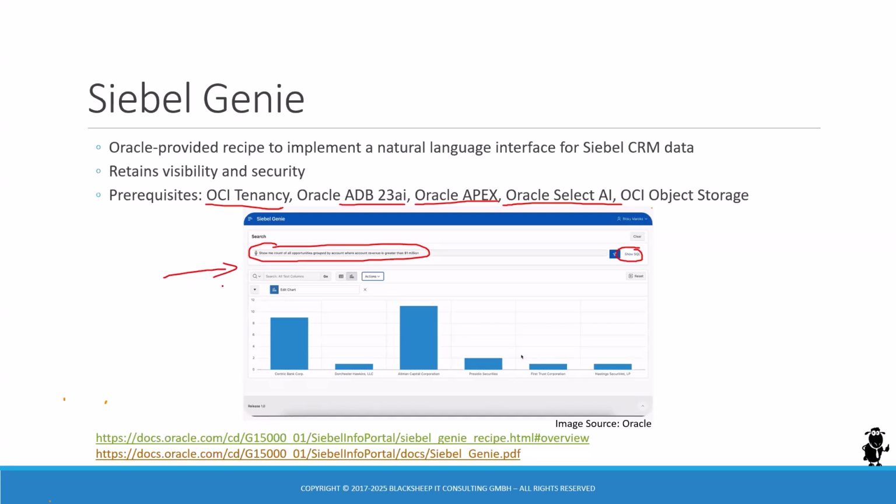And that's the big no-no that you don't want to have in such a product. So the recipe focuses a lot on implementing the security layer by basically translating the metadata into LLM-understandable information so that it only retrieves the data that you are really allowed to see in Siebel. So I'm very curious how that actually works.